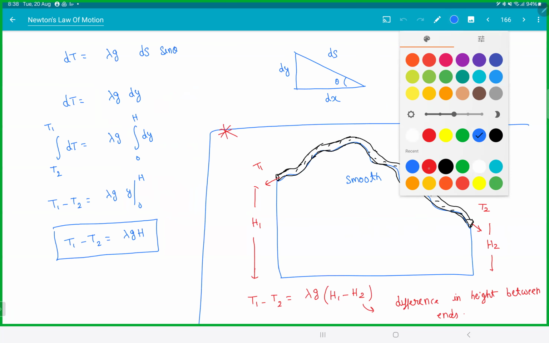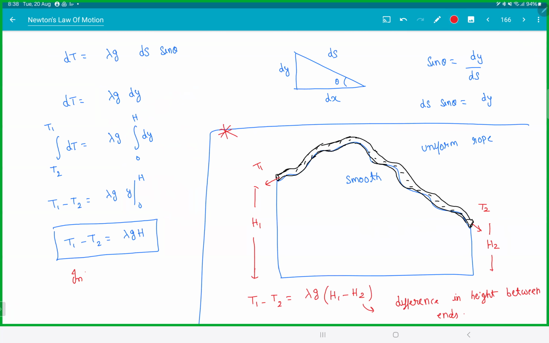So that is one more thing. This is independent of the length and the shape of the path. Is this clear, everyone?